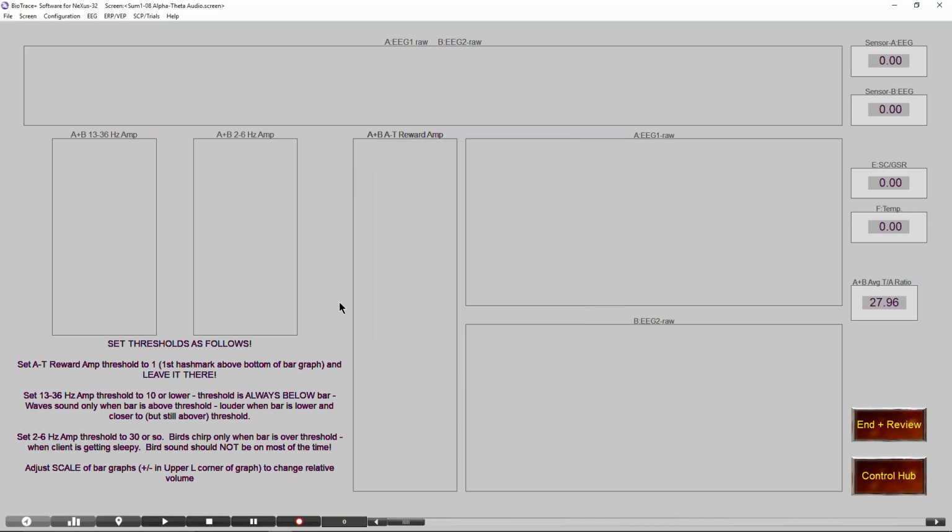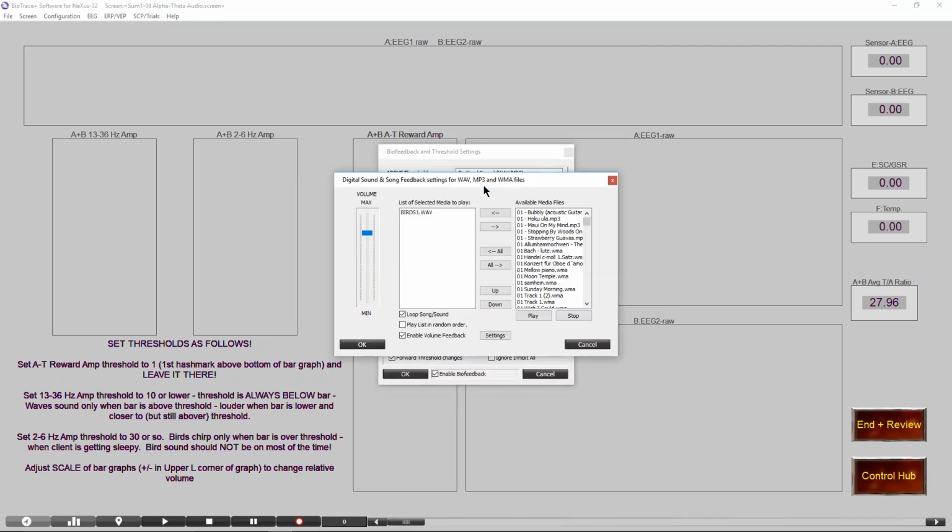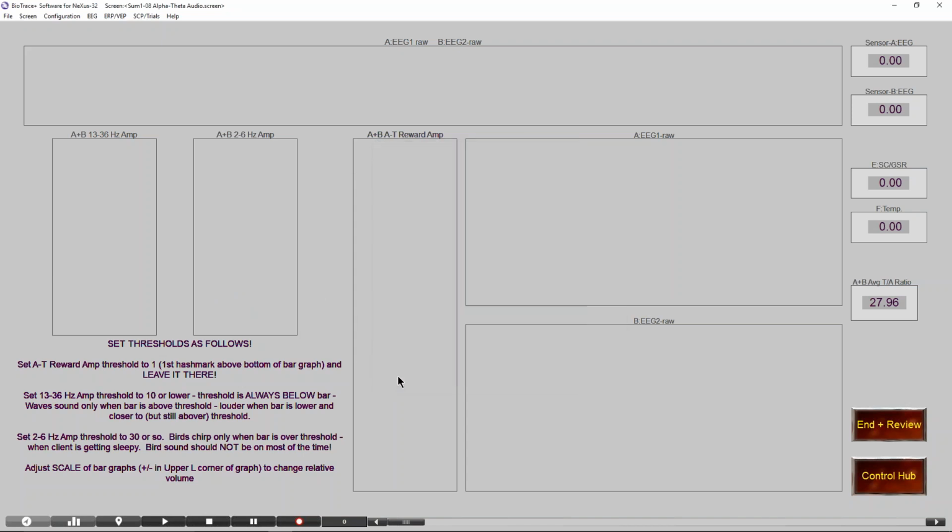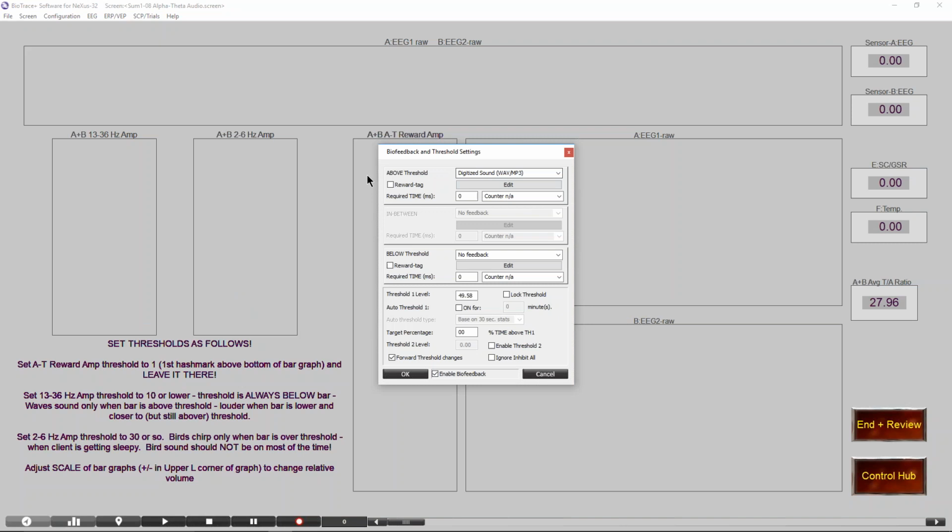For example, this 2 to 6 hertz is essentially the same thing, except it's just having the birds chirp when they're above threshold. All three of these are sound above threshold. So the behavior is above threshold or the behavior is below threshold. However, the proportional volume feedback does not work below threshold.